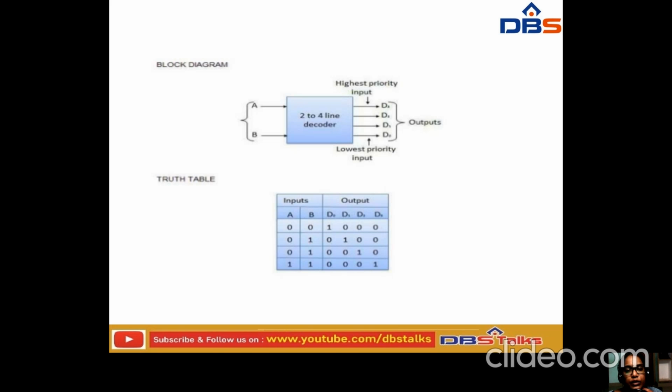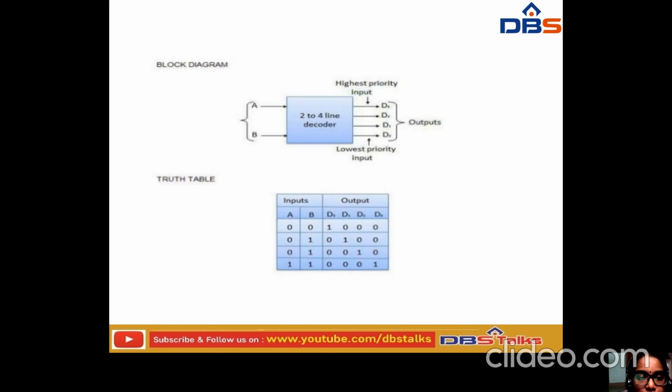This is a truth table for the decoder. So here in this example we have taken two inputs, that is 0 0, 0 1, 1 0, 1 1. Sorry, the earlier one was a printing mistake, I think.